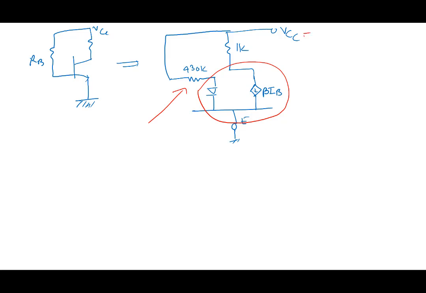VCC was 5 volt, so we write a KVL: 5 equals IB into 430K plus the diode drop, which is 0.7. This gives IB equal to 4.3 by 430K, which is 10 microamperes. Then we use IC equals beta IB.